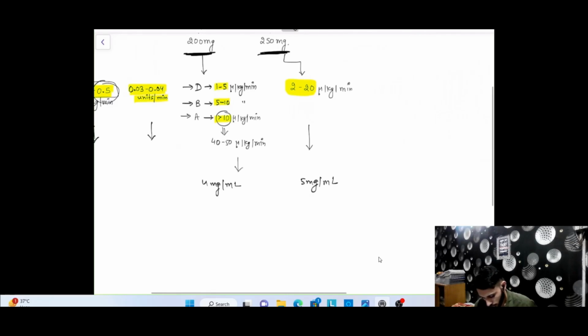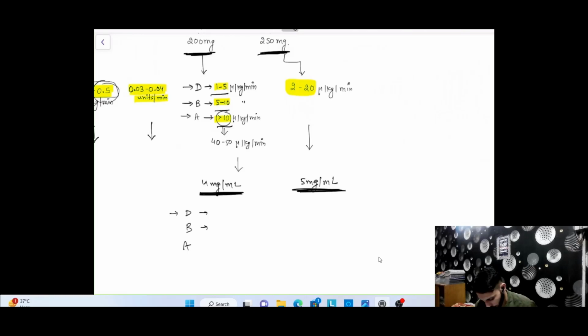Perfect. This will be the concentration that we actually label. Now I have to calculate what should be the dose per hour. So this will be for the DA receptors that we know: 1 to 5, 5 to 10, more than 10. These were the three concentrations.